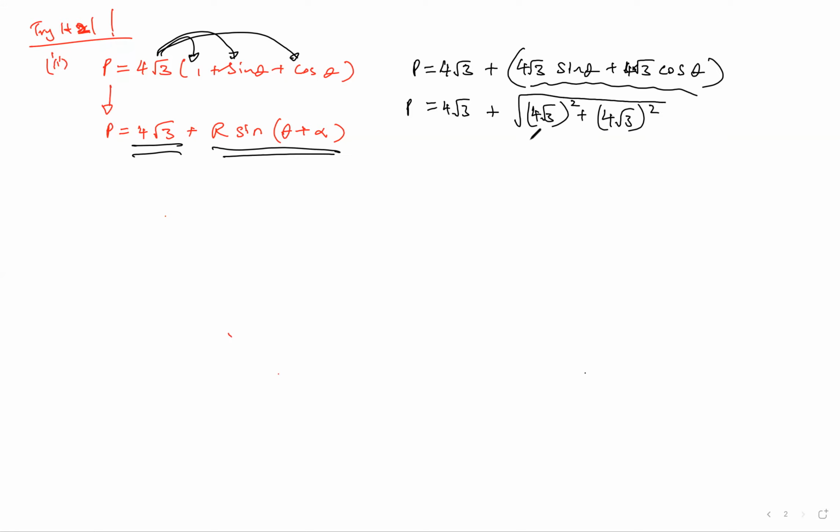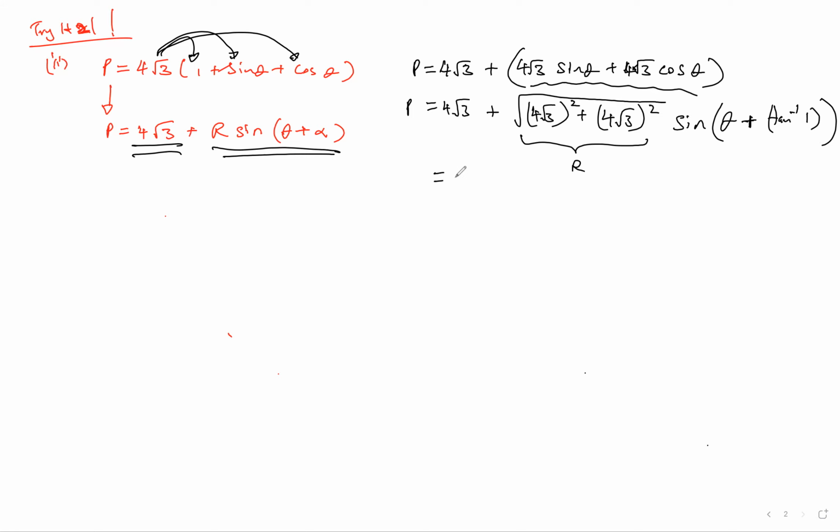This is your r, and then you have your sine theta. Since it's a plus, this is also a plus because it's sine. This one, b over a, is actually tangent inverse 1. So what is tangent inverse 1 now, guys? 45, right?